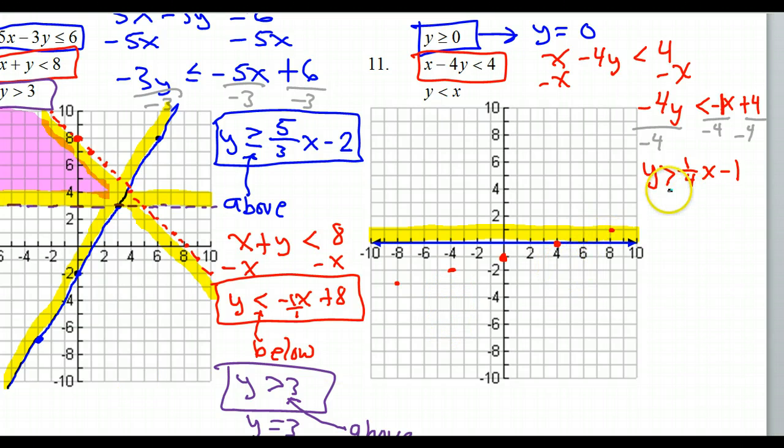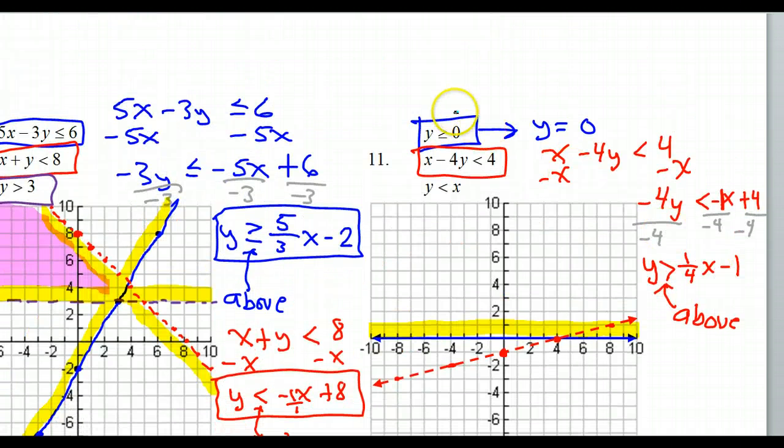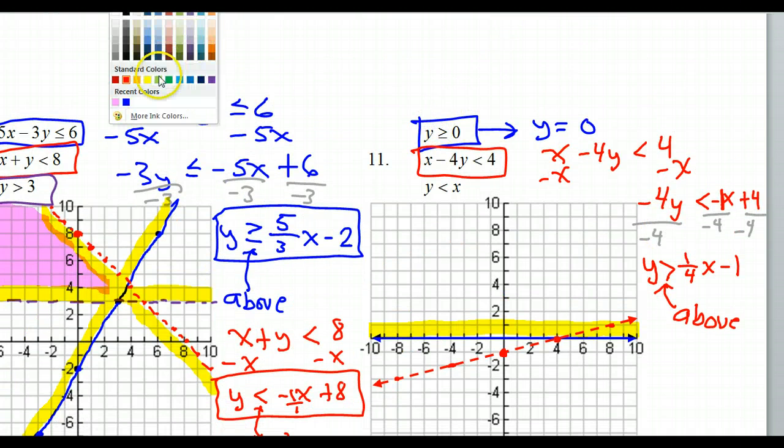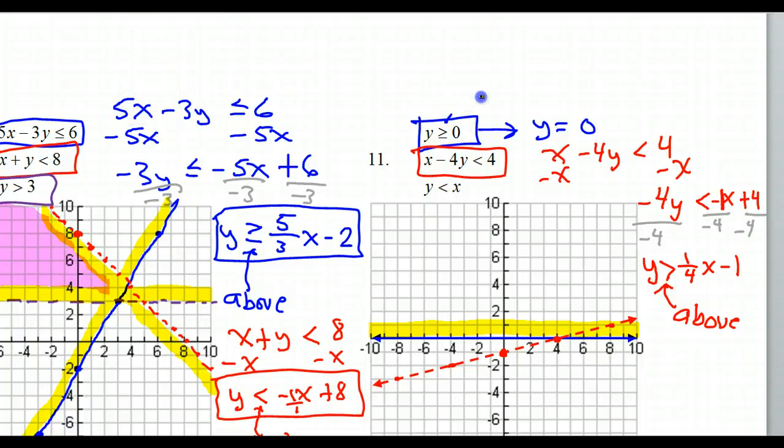Okay, so this is going to be a dotted line because there's no or equal, so it'll just be dotted. Okay, and because this is greater than, we are going to shade above this one. All right, for the same reason this one, we also did above.